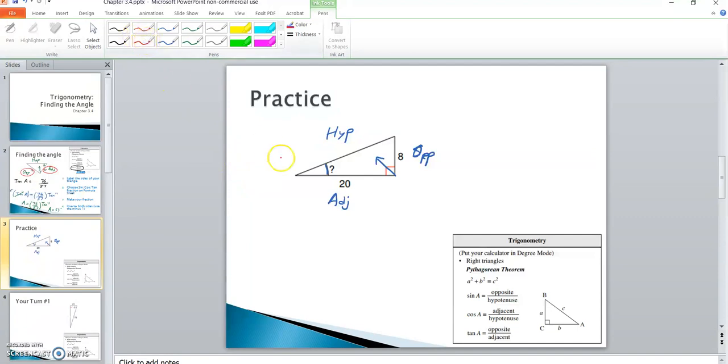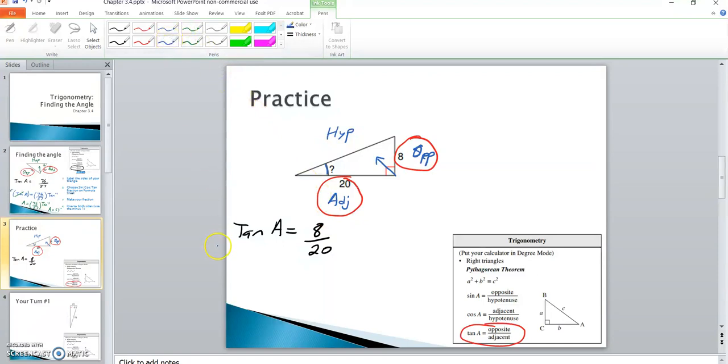Now the second step is I will circle the sides with numbers, and I've got my opposite and adjacent. So it looks like I'm actually going with tan again. So in this one, my opposite is going to be 8, and my adjacent is going to be 20.